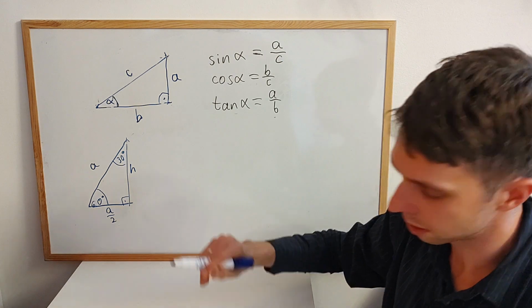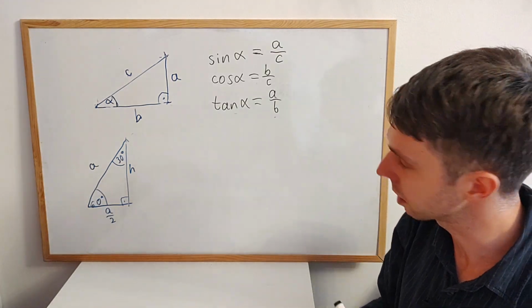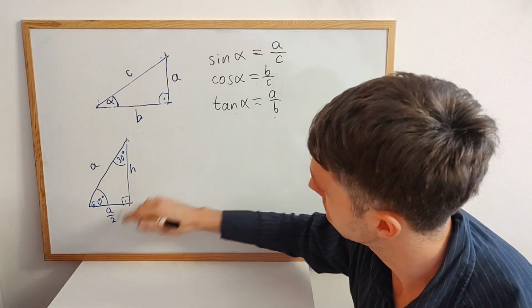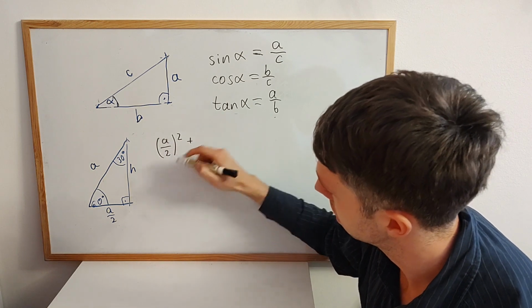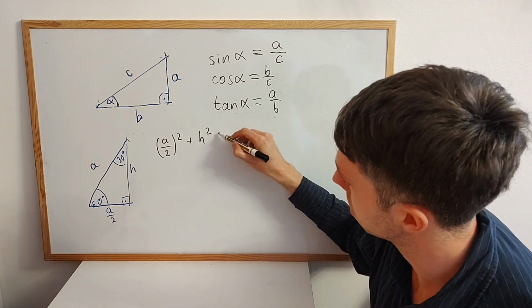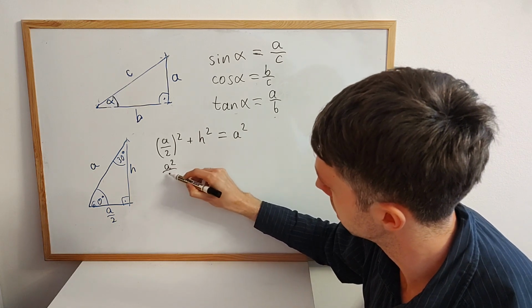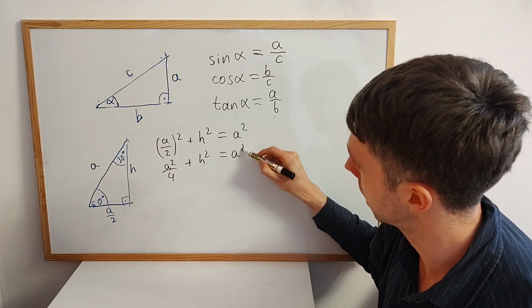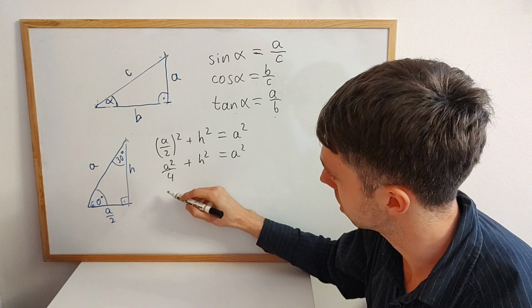And how about this height? So this height again can be calculated using the Pythagorean theorem. So a half squared plus h squared equals a squared. So it's a squared over 4 plus h squared equals a squared. So I want to have h from this.